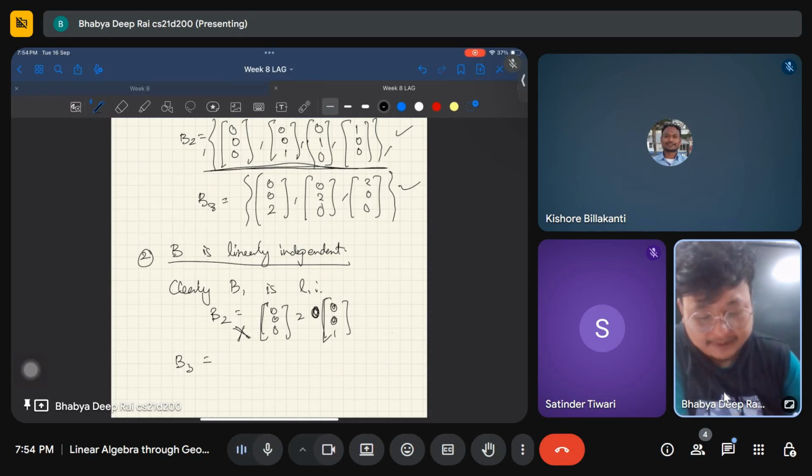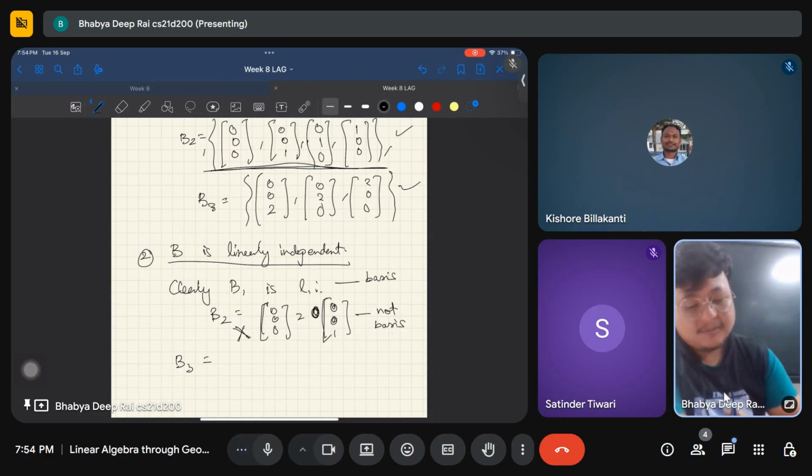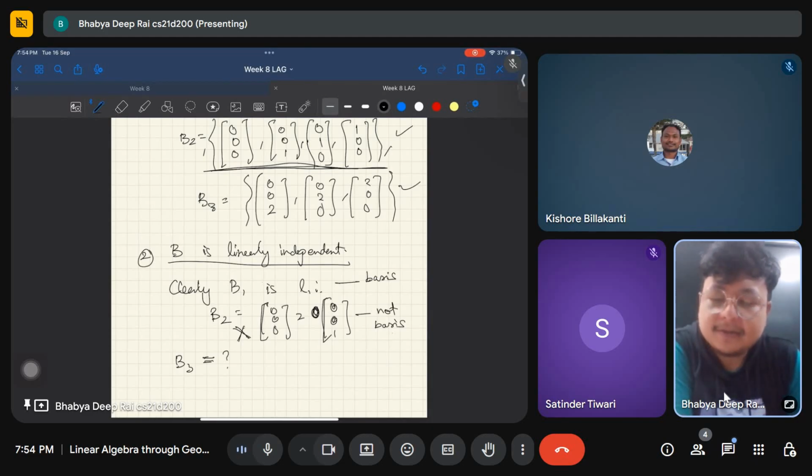So clearly B2 is not a basis because one of the conditions is not satisfied. B1 is a basis because both conditions are satisfied. It spans R3 and it is linearly independent. Finally, what about B3? Is B3 linearly independent?